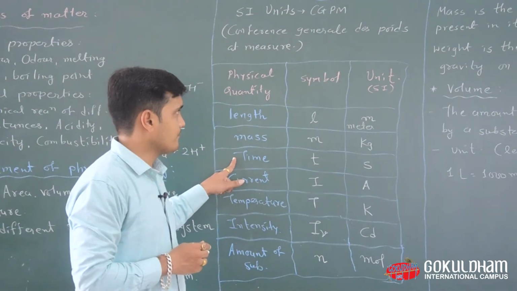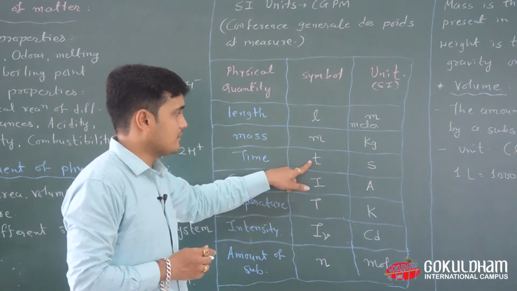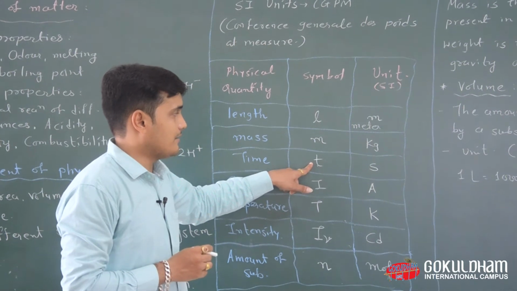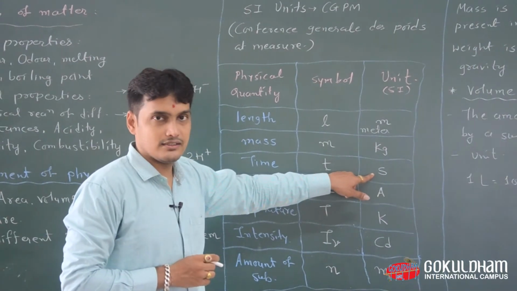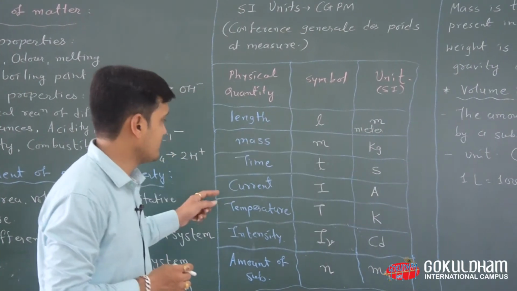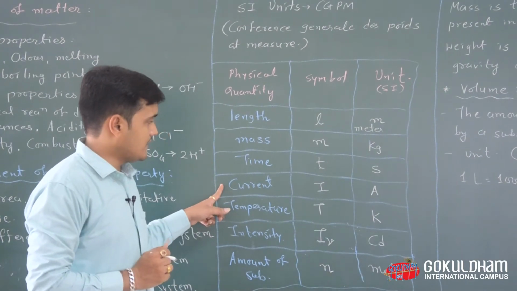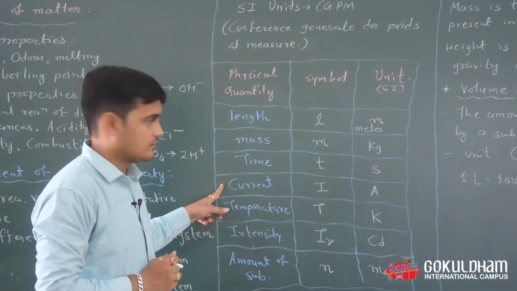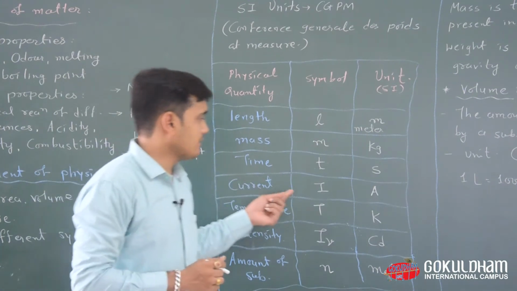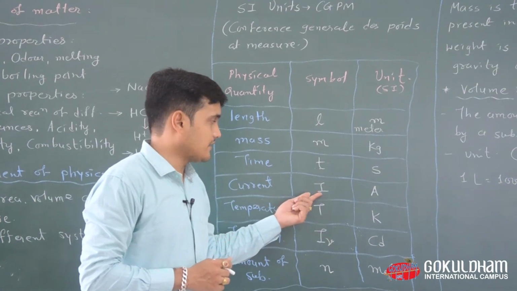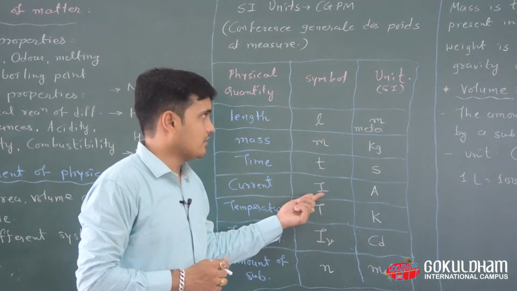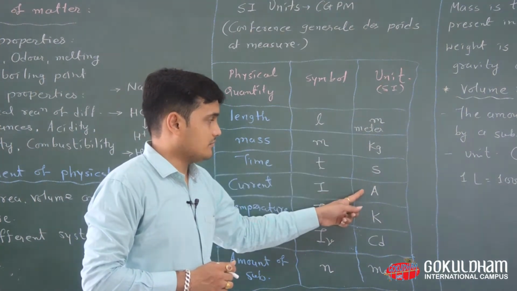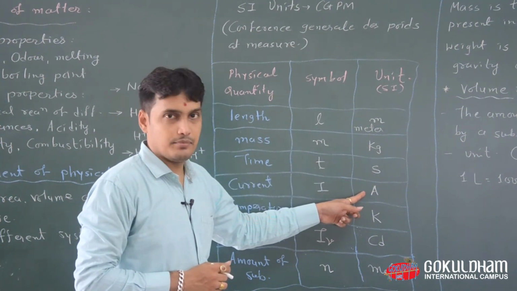Third is time. Time is denoted by small t, and time is always measured in second in SI units. Next is electric current. The symbol of electric current is capital I, and the SI unit is ampere.